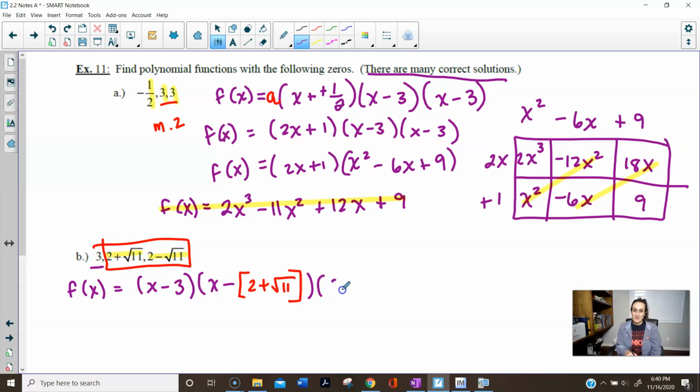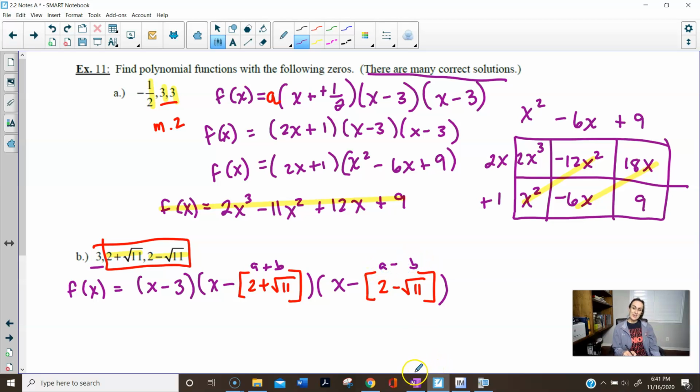And then we have x subtract, and now again use parentheses, and I have 2 subtract the square root of 11. So there are my conjugate pairs. This is A plus B, and this is A minus B.